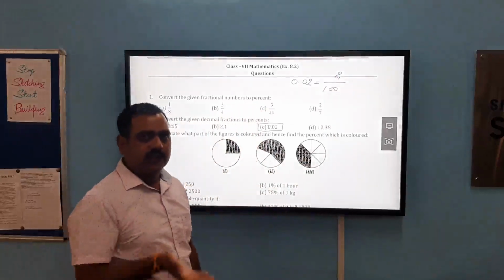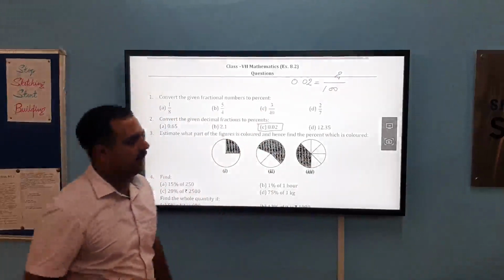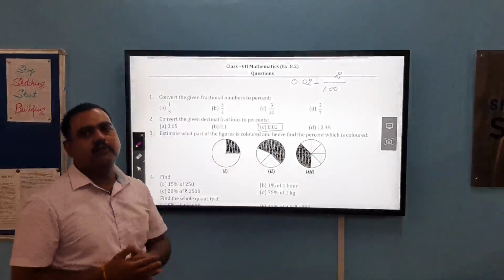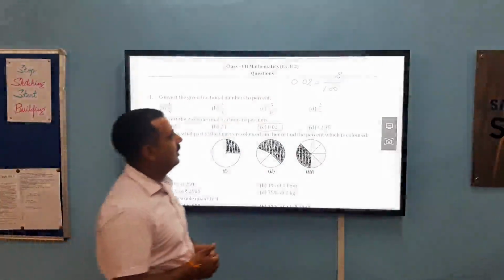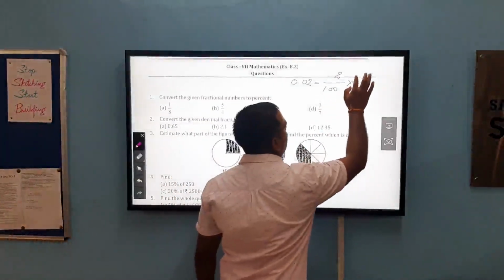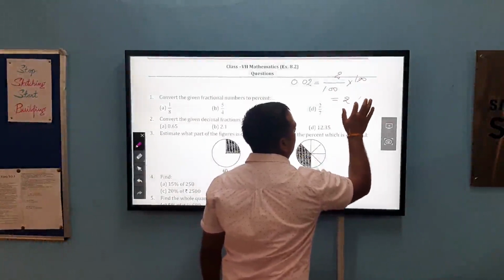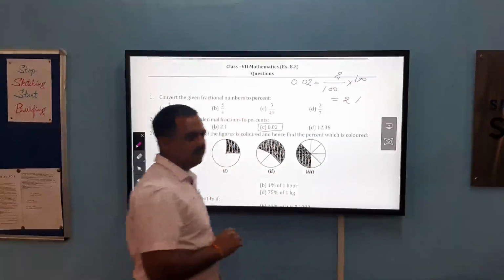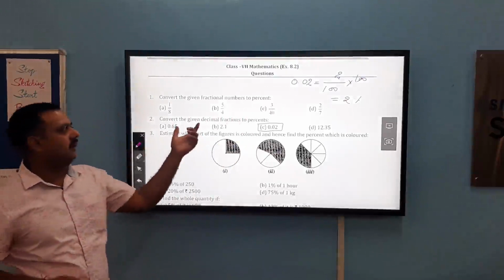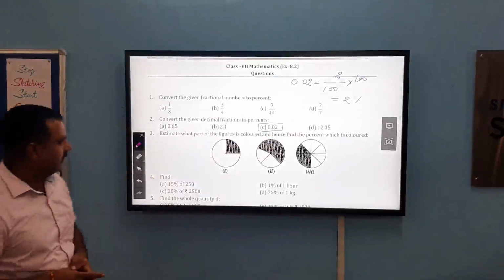Then after converting the decimal to the fraction, we adopt the same method as we adopted in question number 1. We multiplied it by the 100 and it becomes 2%. Clear? Similarly, we can practice other parts also.